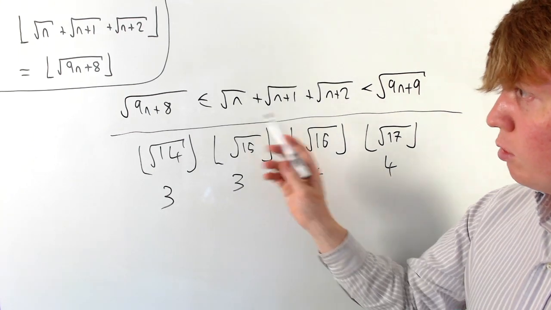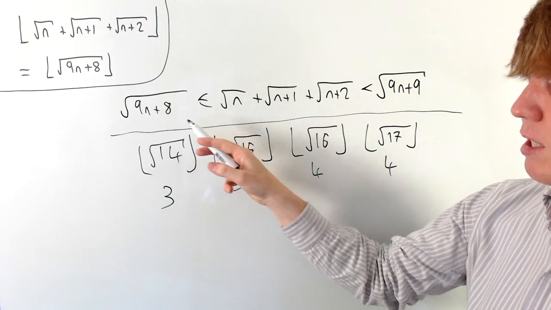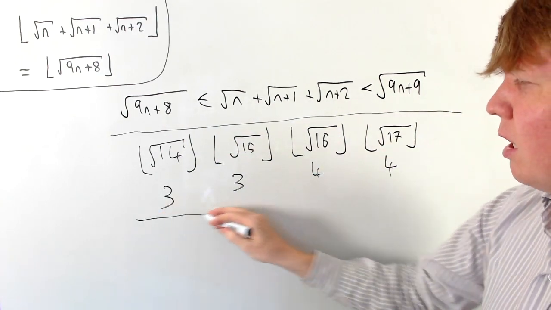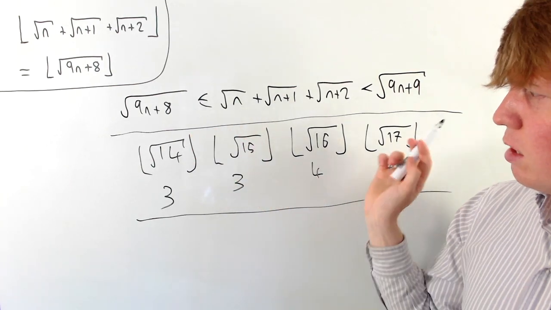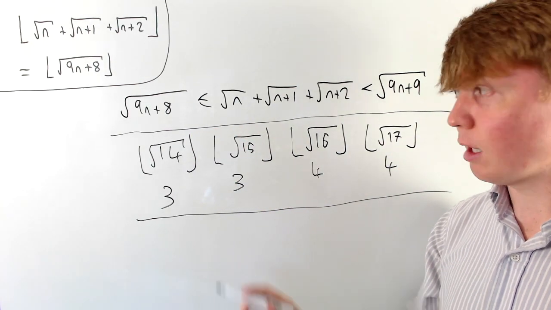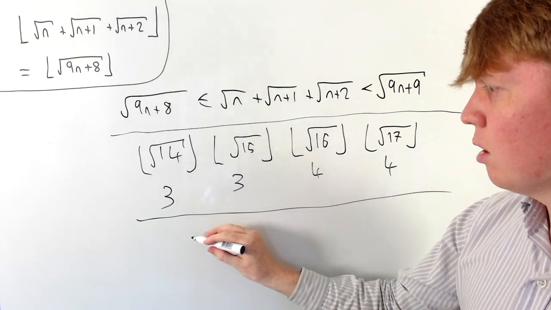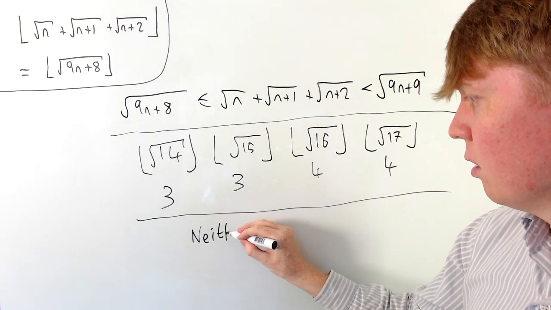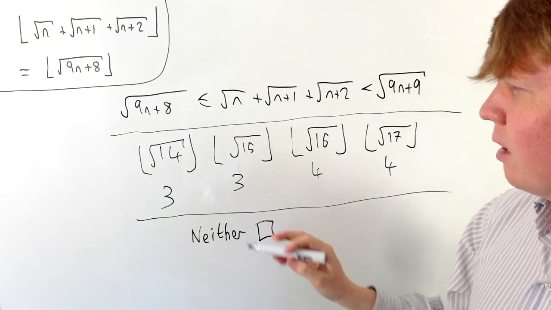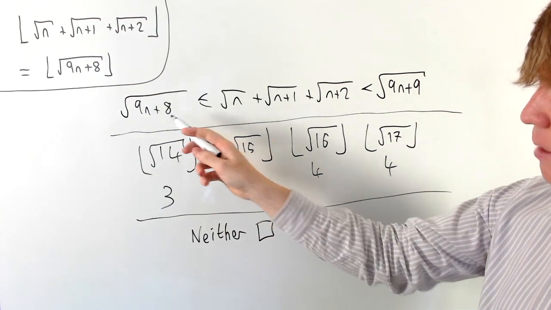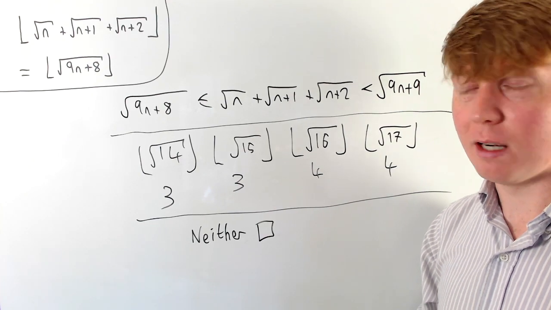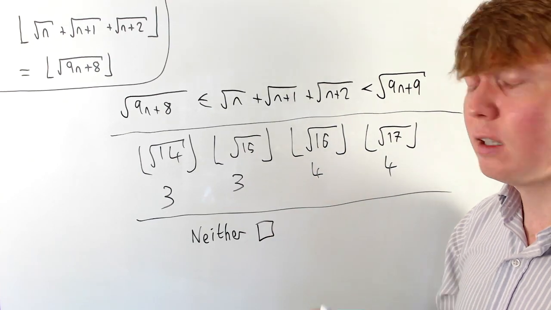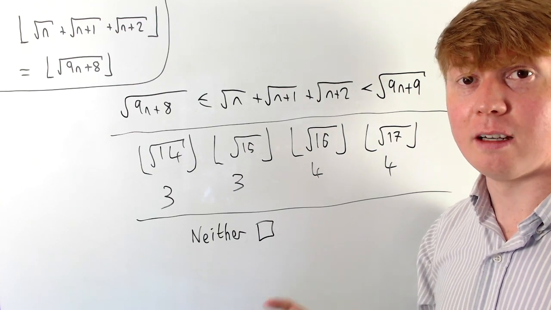So we can consider a few different cases now, if 9n plus 8 and 9n plus 9, if either of them are square numbers, for example. But if we start with the case where neither of them are a square number, so this would be like having 14 and 15. So let's just write down, if neither of them are square, then you can see the 9n plus 8 and 9n plus 9 are both sandwiched between two square numbers, like how 14 and 15 are sandwiched in between 9 and 16.